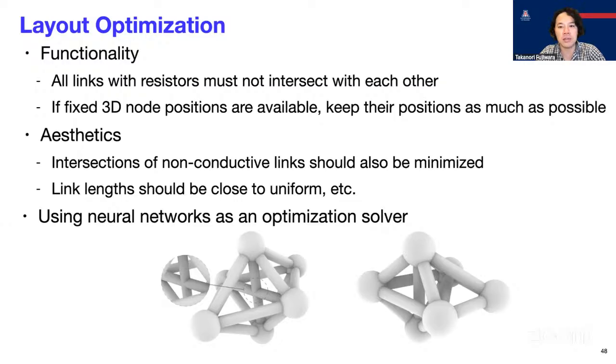Aesthetics is optional, but we can avoid intersections of all links and also make link lengths as uniform as possible. As you can see here, satisfying all these constraints and objectives is not that easy. So we utilize neural networks to conveniently find solutions.